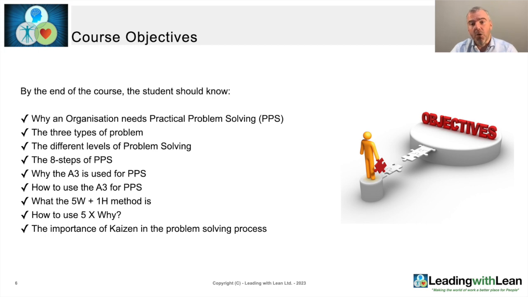The 3 types of problem, the different levels of problem solving, the 8 steps of PPS, why the A3 is used for PPS, how to use the A3 for PPS, what the 5W and 1H method is, how to use 5 times why, and the importance of Kaizen in the problem solving process.